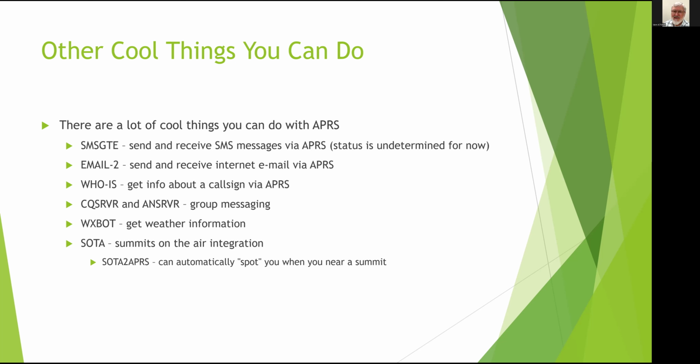And then anybody else who sends to AND server with hotg, you'll get a copy of it, whether you're on RF or not. So if somebody on the other side of the planet sends something to hotg, you'll see it, even sitting here in Utah on your handheld, right? WXBot allows you to ask for and retrieve weather information. And then, of course, the SOTA and POTA integrations we talked about briefly already.